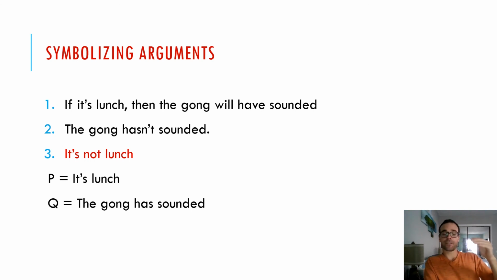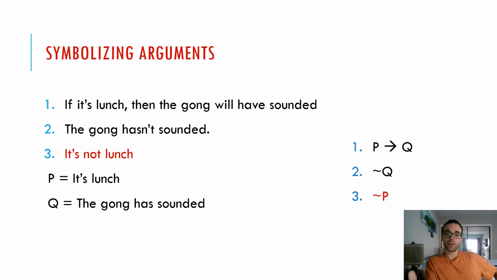Now that I have the simple propositions laid out, I can then rewrite this argument in standard form using those simple propositions, but combining them when necessary with the connectives, with the symbols, in order to create the complex propositions. And so this argument will look like this when it's symbolized.